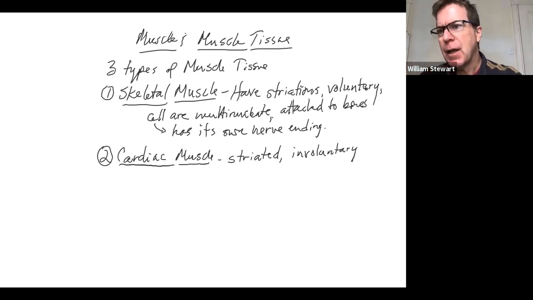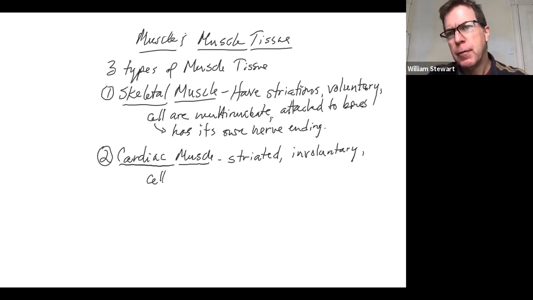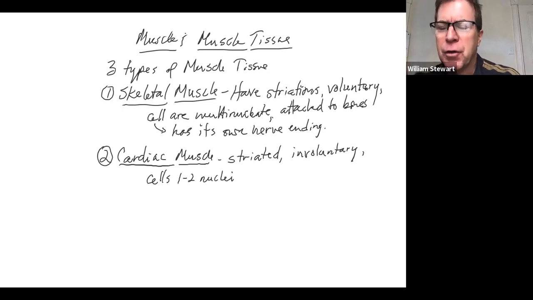The cells can have 1 to 2 nuclei per cell. So it's possible for these cells to have more than one nucleus, but it's rarely, if ever, more than 2. So it's just 1 to 2, whereas skeletal muscles can have many nuclei per cell.